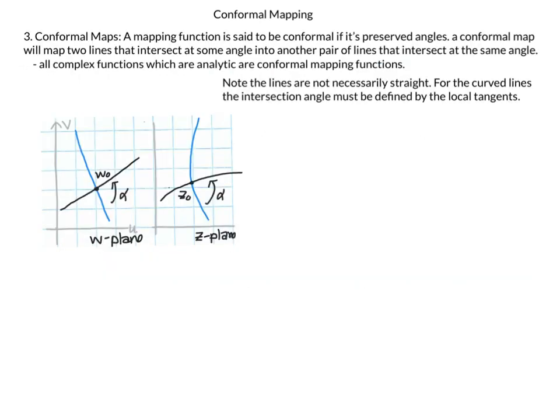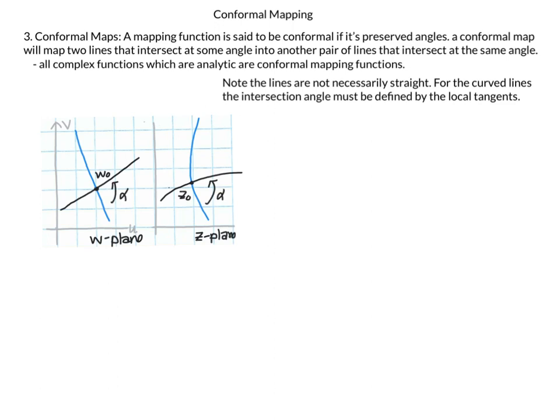And the idea, again, about the conformal map, when we map from the w plane to the z plane, if we have two lines or two curves, this blue line and this black line, and they intersect and the angle between the two lines is alpha, then when we map the blue line and the black line into the z-plane using our function, if it's conformal, that means where the blue and the black line meet, that will have this angle of alpha.